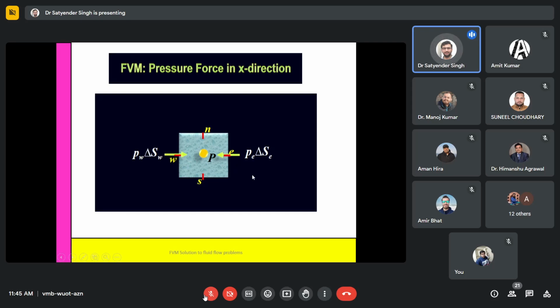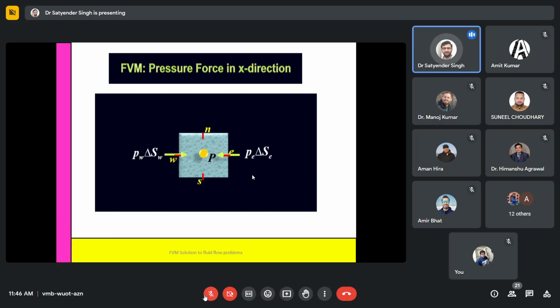And as I told you earlier, the most difficult thing in this fluid flow problem is that in the same equation, let's say for x momentum, two unknowns arise. One is velocity itself, and another is pressure. If you are interested to calculate pressure also, and you solve that whole equation for pressure, then you will not be able to get any velocity.